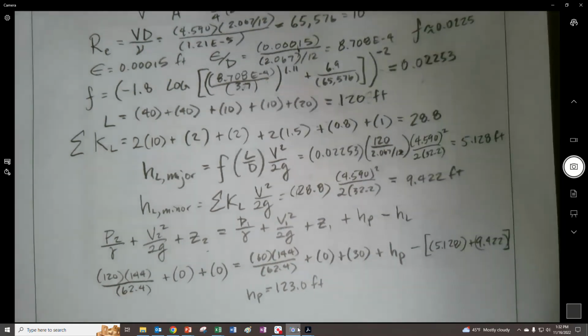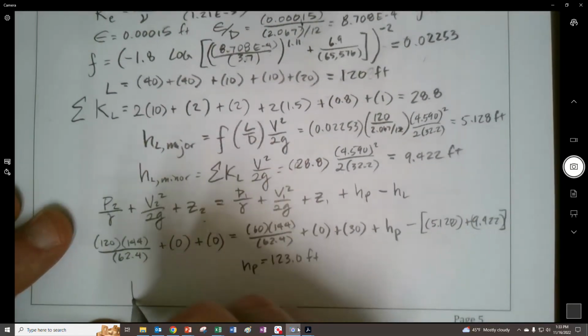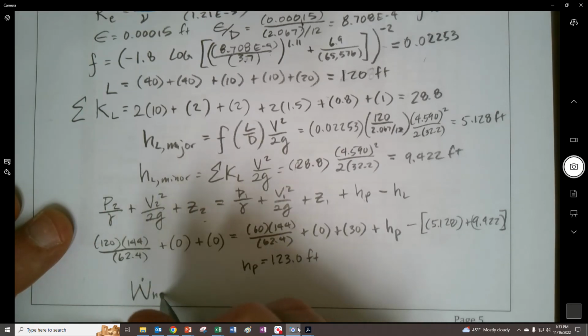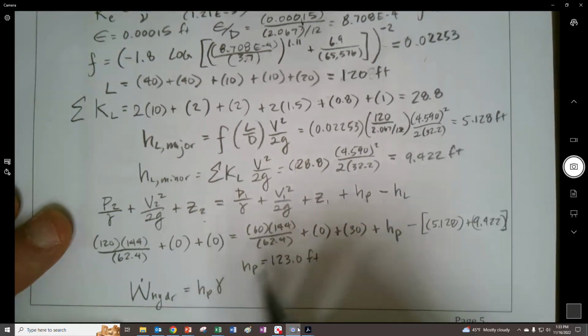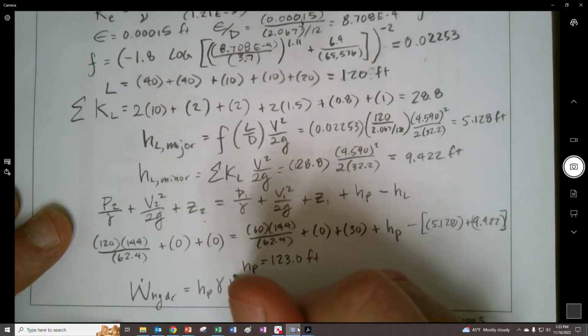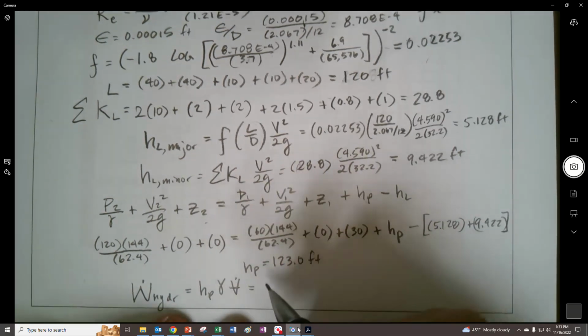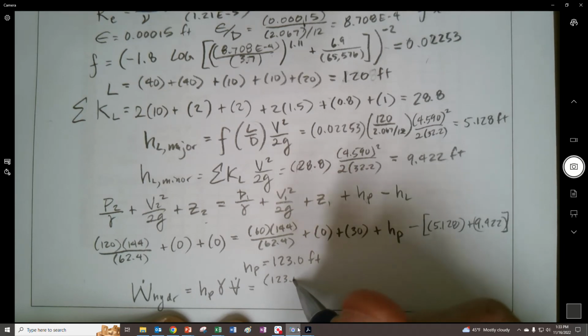And now we want the hydraulic power, right? So the hydraulic power that needs to be generated is going to be the pump head times the specific weight times the volumetric flow rate in cubic feet per second. And then we're going to divide by 550 to get it into units of horsepower.